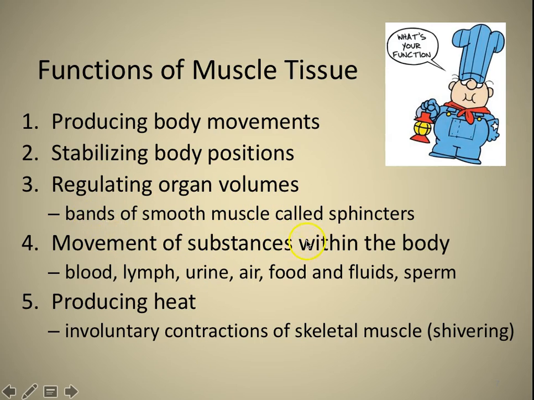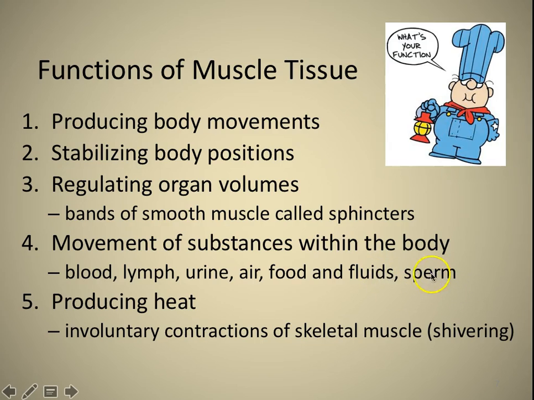They'll help move substances within the body. Similarly, like your heart helps move blood. Different muscles will help pump lymph throughout your body. Urine as well. So in the tubes that take urine from our kidneys down to our bladder, we have smooth muscle helping move urine through. Air, our diaphragms, food, fluids, even sperm.